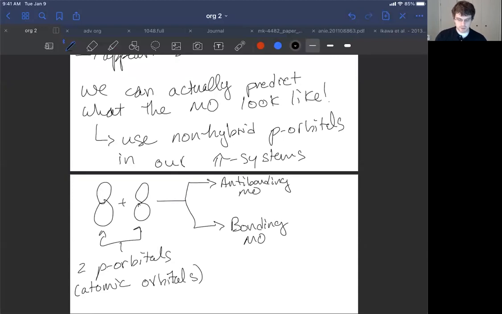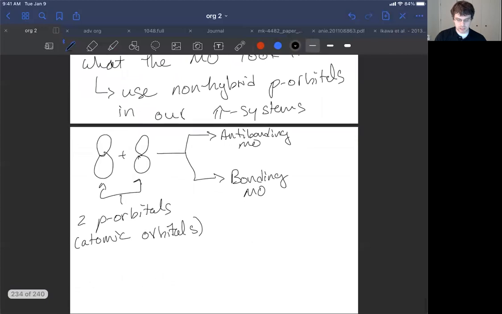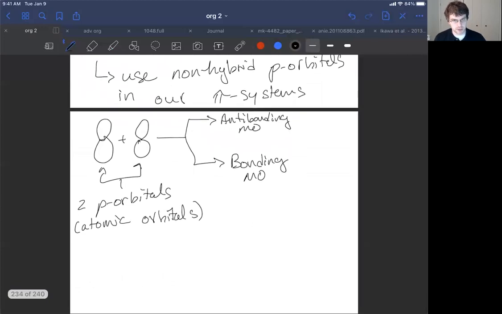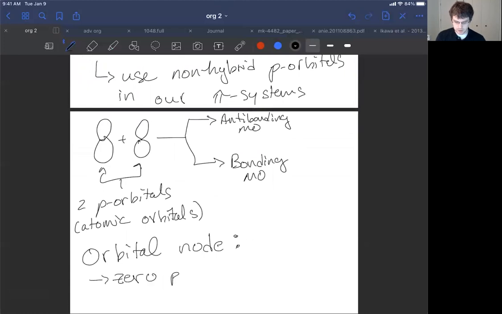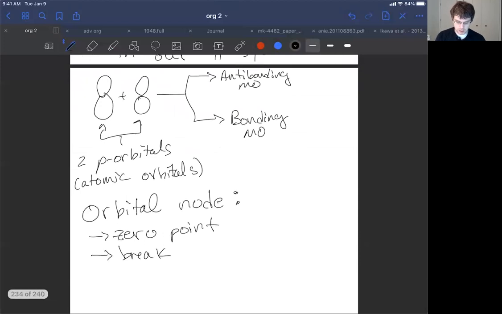So there's something we have to be mindful of when we're trying to draw what the molecular orbitals actually look like, and that's the idea of an orbital node. This is a zero point, a break, or a color flip.